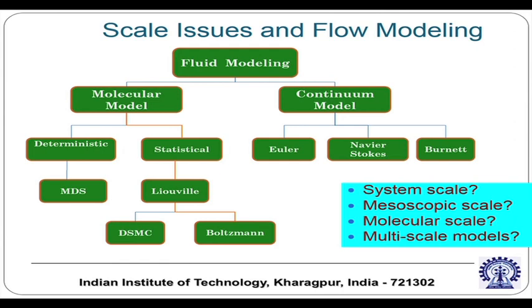If that is so, then one has to invoke molecular modeling, or there are issues related to concepts known as multi-scale modeling, and I will discuss a little bit about those if we have some time after we discuss molecular dynamics.